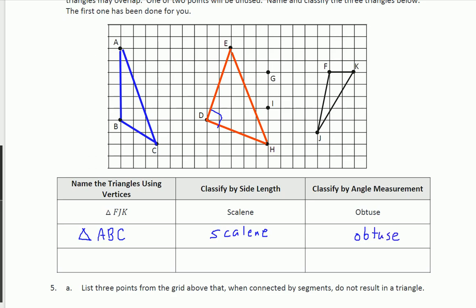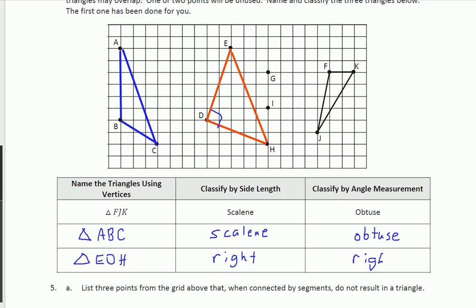And my other triangle, EDH, triangle EDH, is a right triangle, and it is... oops, I'm supposed to put the right over here.